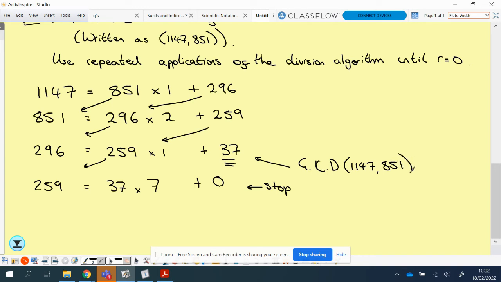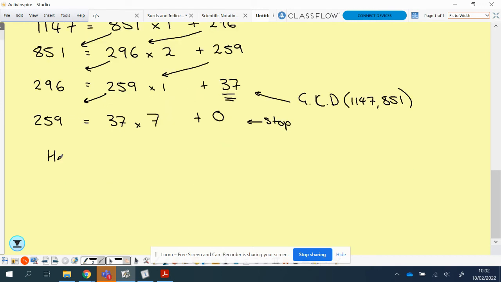Okay, the greatest common divisor was actually 37. Okay, so just a wee quick statement, hence greatest common divisor between 1147 and 851, so I'll use my bracket notation, would be 37. Okay, so that's how you can find the greatest common divisor there.